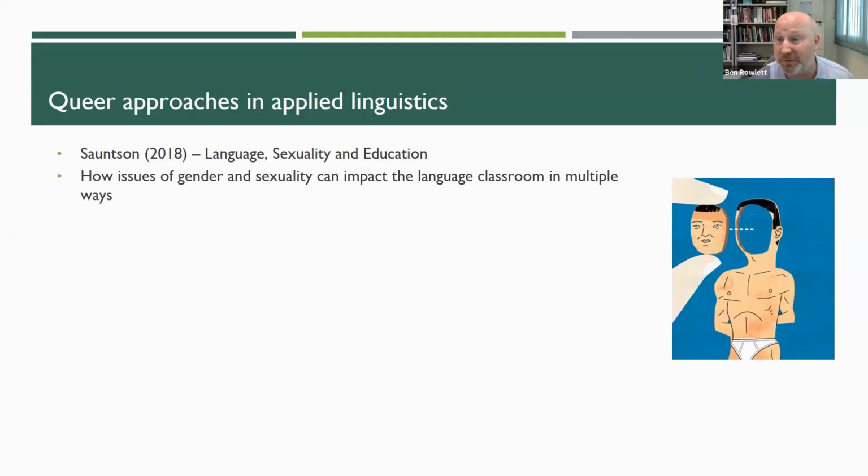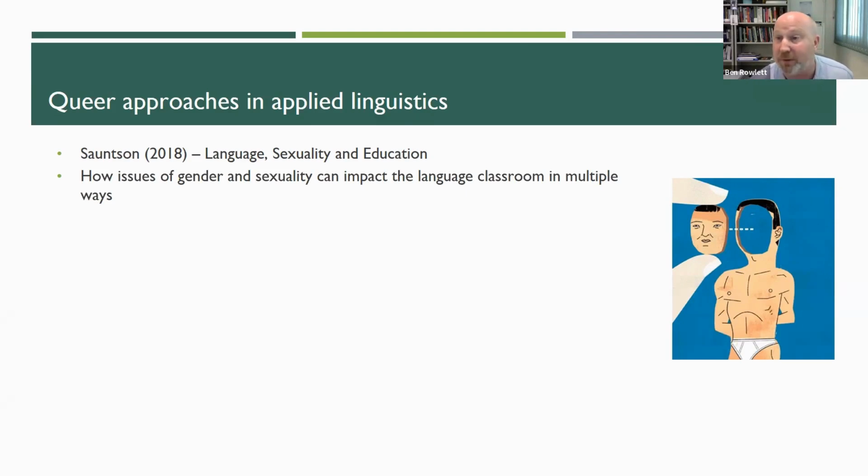So, with no real surprise, much of the work that takes a queer applied linguistic approach has been in language education, which of course is one of the traditional domains of applied linguistics. This is especially in English language teaching and learning.